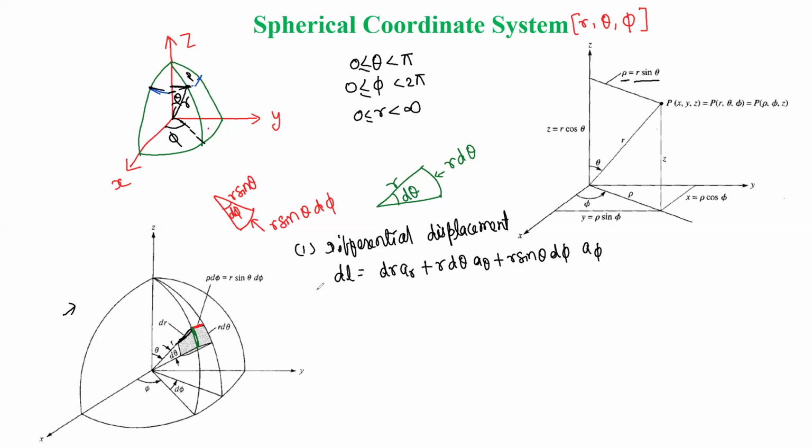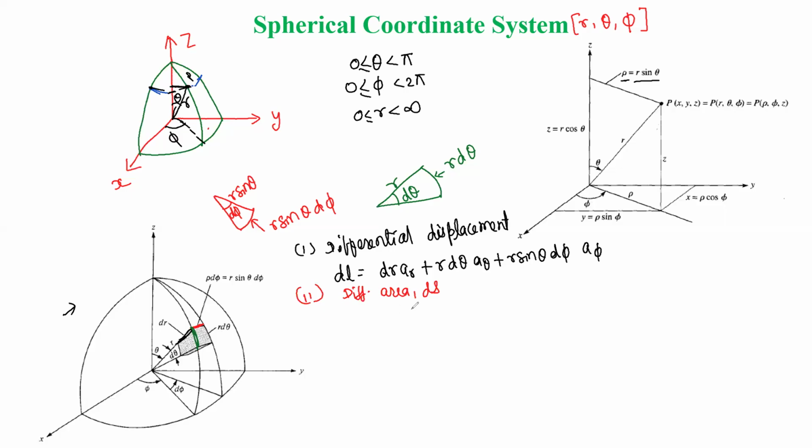Next, we'll see the expression for the differential area. For the differential area, we consider ds. Again, here we are going to get three different surfaces. Outside, we have r d theta and r sine theta, and that vector will be radially outwards.